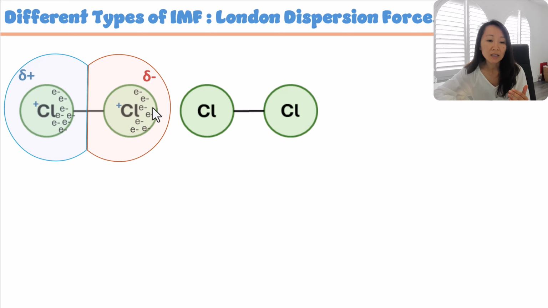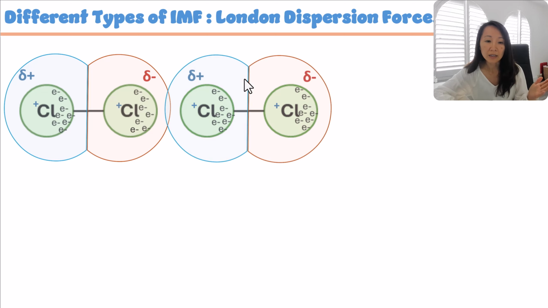What this causes the next chlorine molecule to do is that the negative charge pushes some of the electrons here, and the electrons shift more to one area, like this. That also exposes the positive protons within the nucleus, creating this positive pole.